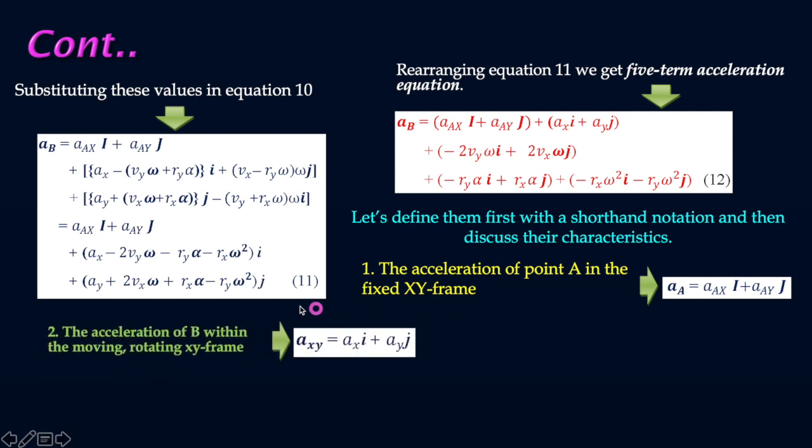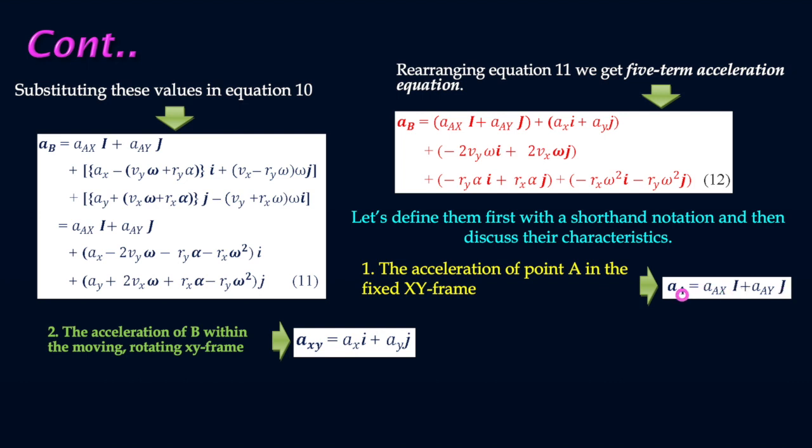Again, AXY is the acceleration of B with respect to the moving reference system. Suffix small x and small y indicate the acceleration component with respect to the moving reference system, and here the suffix capital X and capital Y indicate with respect to the fixed reference system.